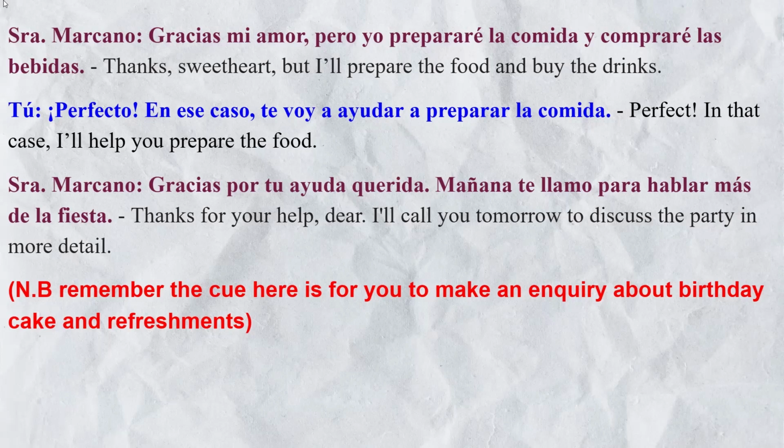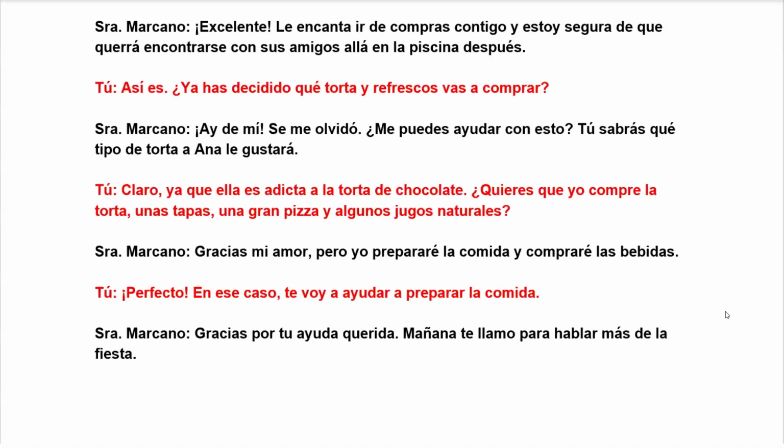So remember, in regards to our response, the cue here is for you to make an inquiry about the birthday cake and refreshments. So now we're going to look to see how well that fits within the conversation, where she says, gracias, mi amor, pero yo preparé la comida y compraré las bebidas. Right? So thank you, sweetheart. But I'll prepare the food and I'll buy the drinks.